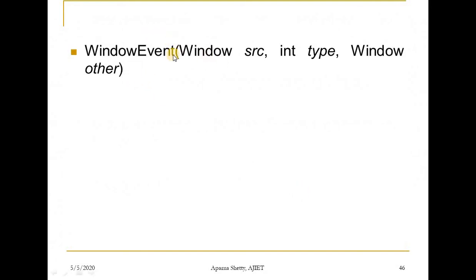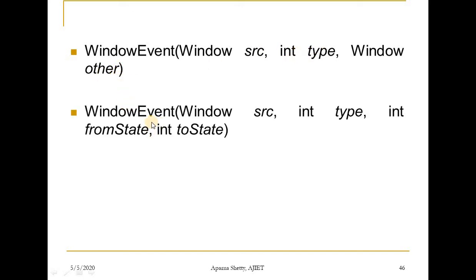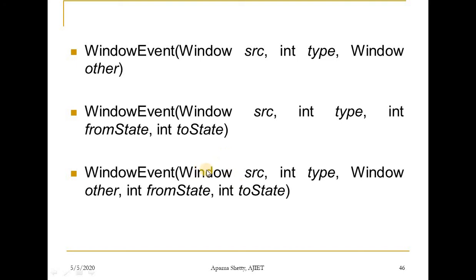The next constructor takes source, type and other. The next takes source, type, fromState and toState. Finally, there is one more constructor which takes source, type, other, fromState and toState.